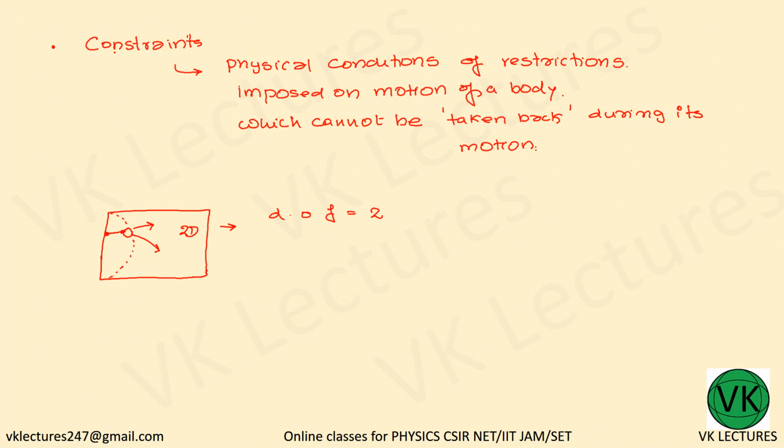So these are called constraints. So what do constraints do? Constraints reduce the degree of freedom. So for each particle, the constraints reduce the degrees of freedom. The more constraints you have, the lesser freedom you have.